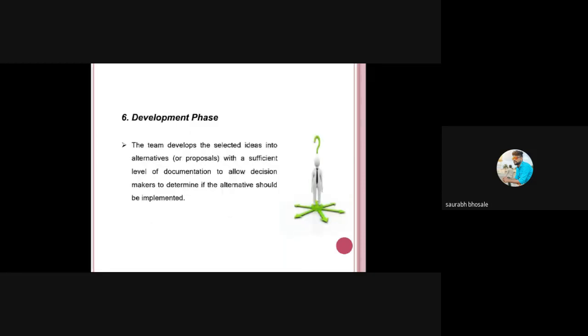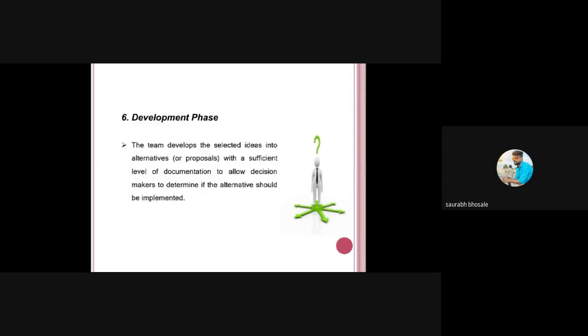Then the next one is the development phase. Once we have selected the ideas for development purposes, we need to analyze the technical requirement of that idea. As we said, there are some design restrictions and some production restrictions.